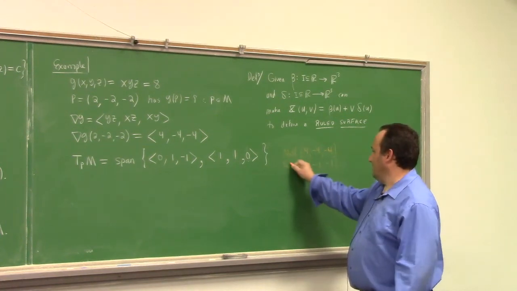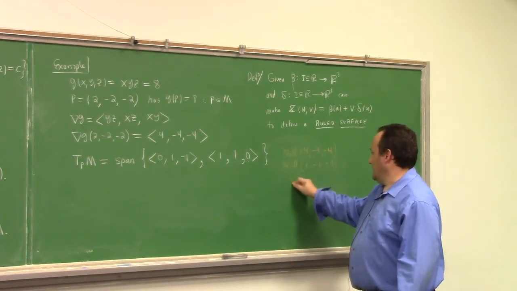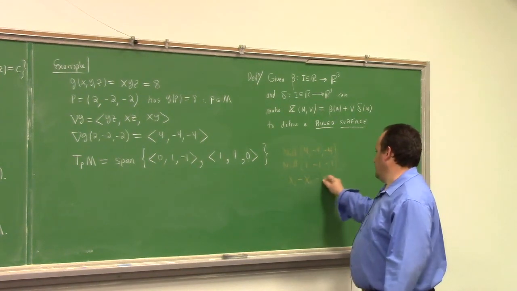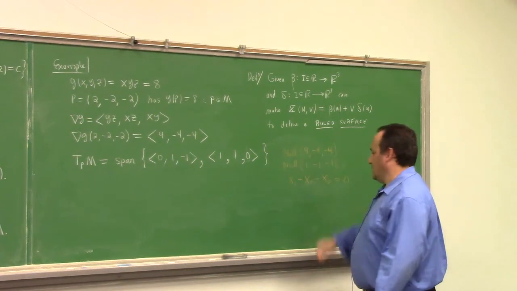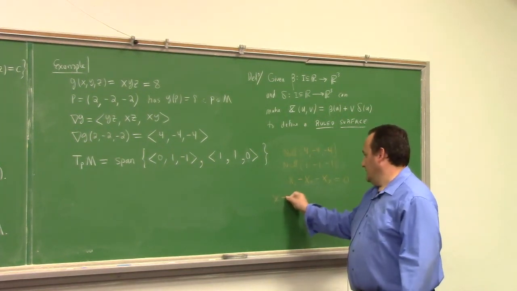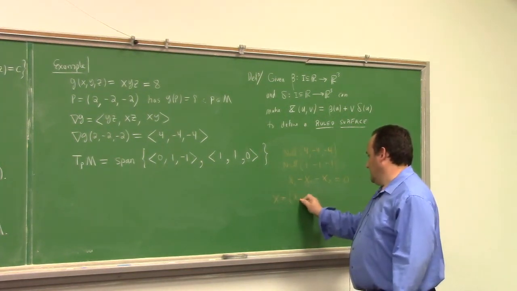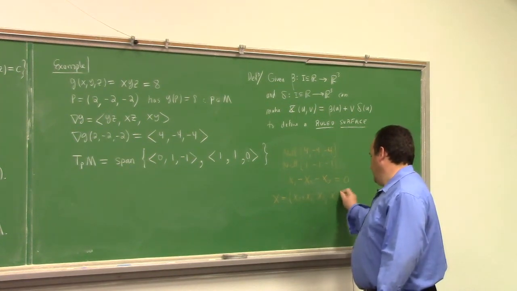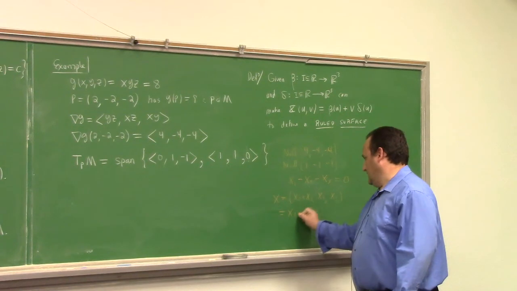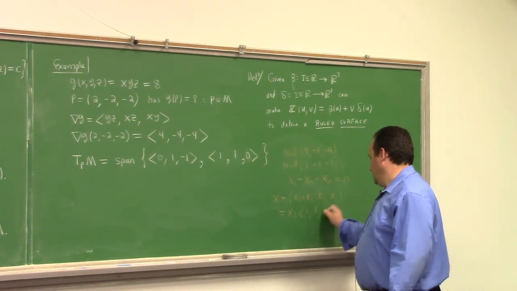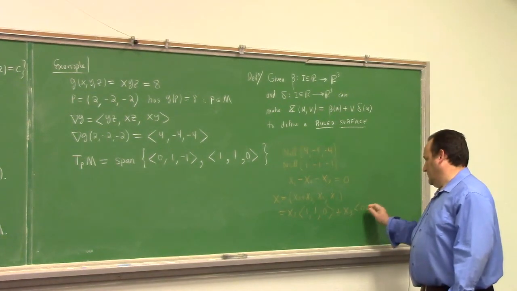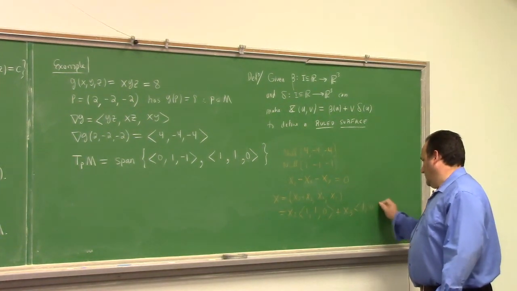Divide by 4. So you'd be looking at x1 minus x2 minus x3 equal to 0, which would give you x1 equal to x2 plus x3, x2, x3. So you could use x2 times (1, 1, 0) plus x3 times (1, 0, 1).